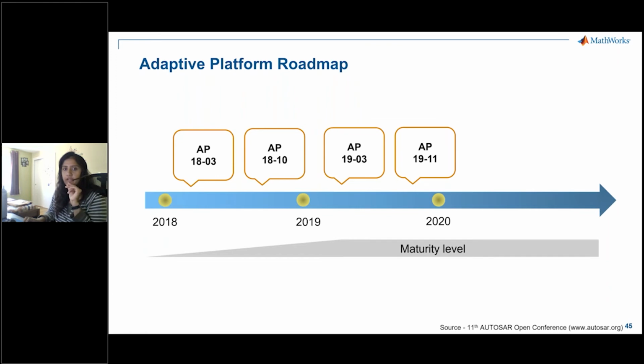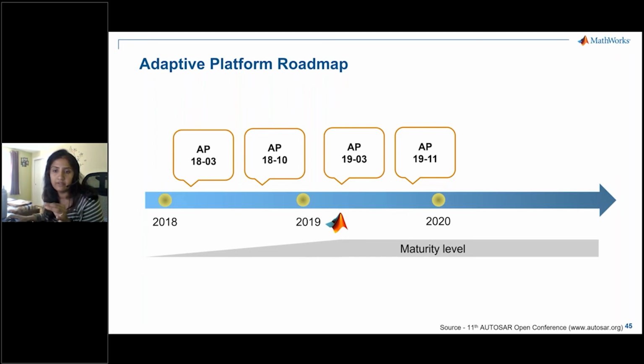So if you look at the adaptive roadmap, it was introduced in 2018, and MathWorks started to support that from 2019 itself. This is the roadmap I said: we are now into the fourth version of the standard, and the latest one is already the sixth version, 2111.